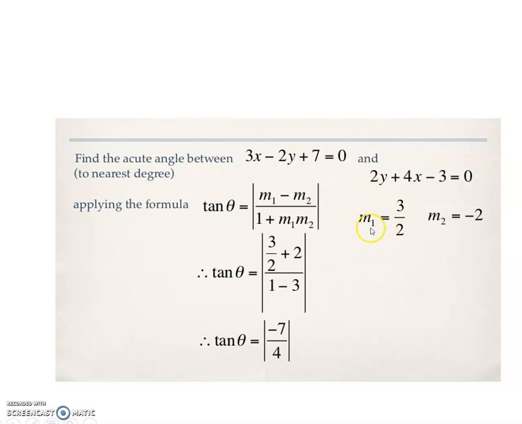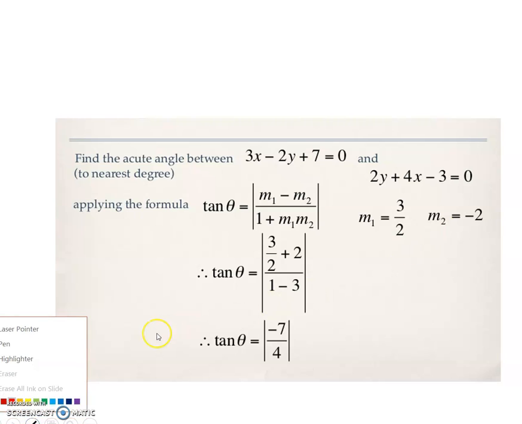That's why we compare these. m1 is equal to minus 3 upon minus 2, the minus signs get cancelled. That's why m1 is equal to 3 by 2, which is the slope.